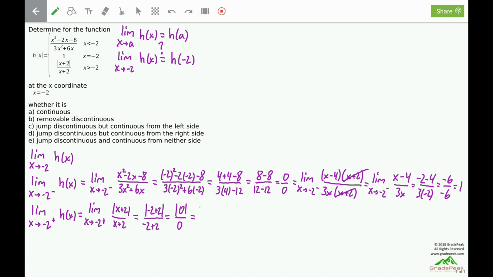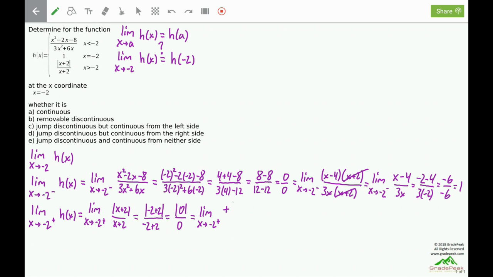Since we have a 0 inside of absolute value symbols, we will need to look a little bit closer at which side we're approaching from. We have x approaching negative 2 from the right side. The right side of negative 2 means less negative than negative 2, like negative 1.99. And if we plug that in for x in the numerator in the absolute value, something less negative than negative 2, like negative 1.99, and add 2 to that, it's a positive number inside the absolute value symbols.